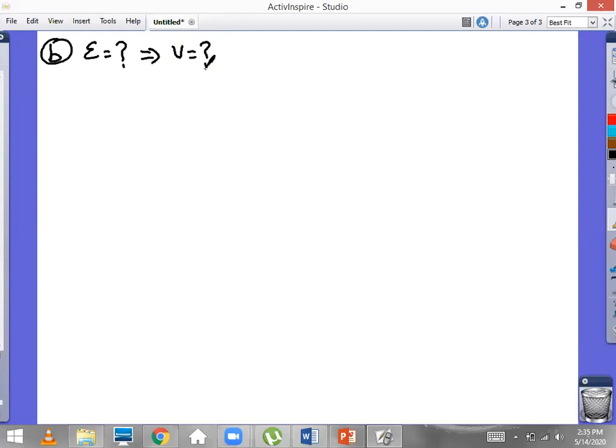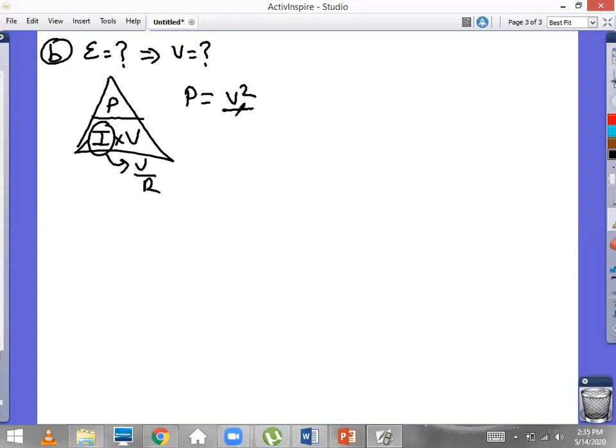Remember yesterday I showed you a formula about power. Power equals current times voltage. Since we don't have current over here, we can replace current by V over R. So our formula for power is going to be V square over R.